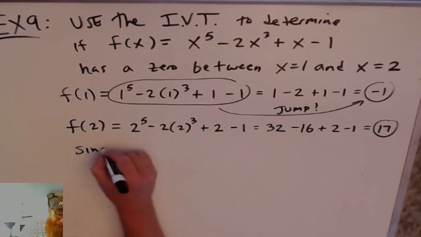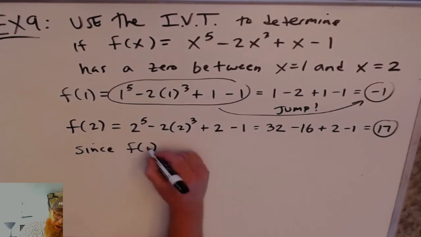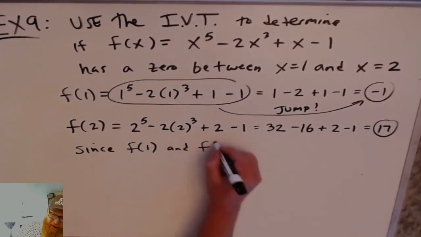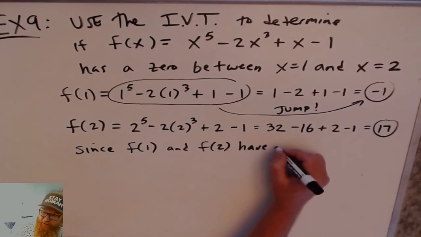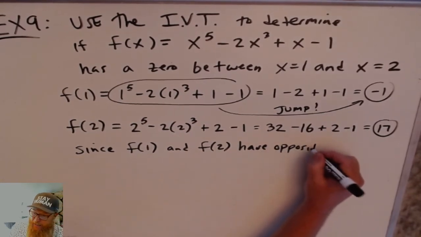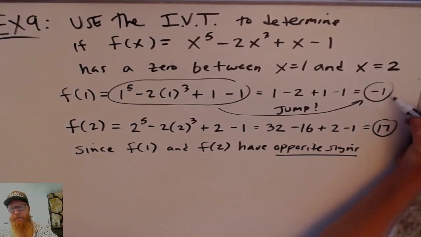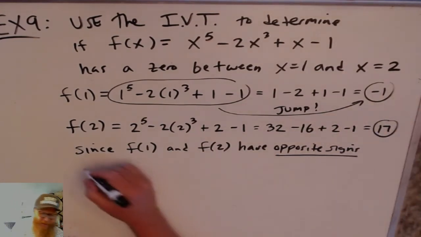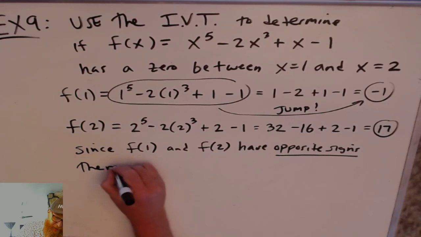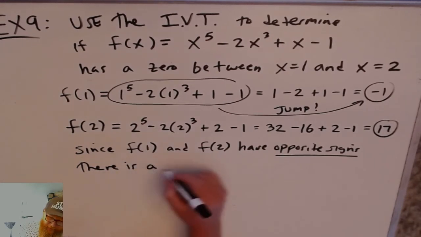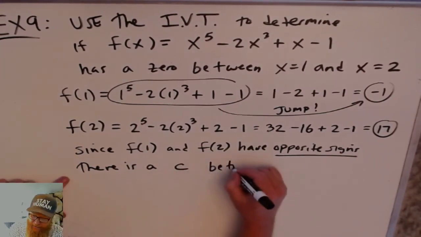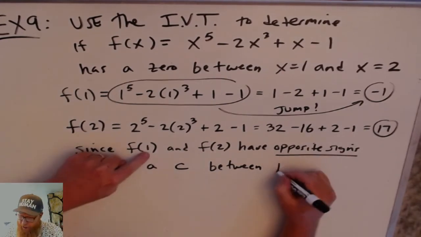So since f of 1 and f of 2 have opposite signs, see, look, one of them's negative, the other one's positive, there is a c between 1 and 2.